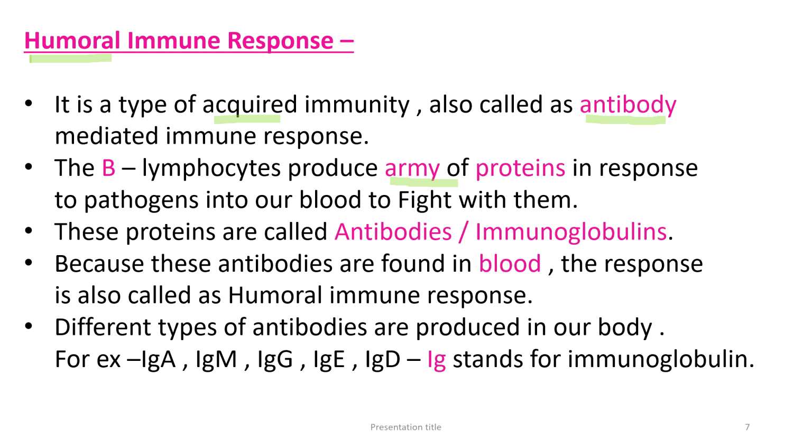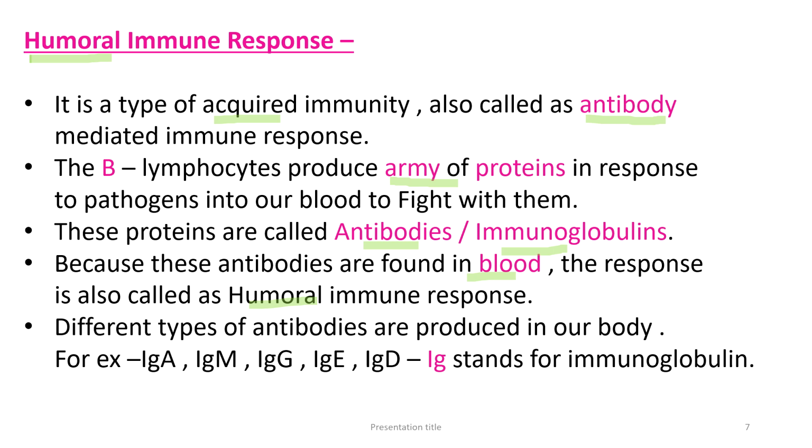So this army of proteins is called antibodies or immunoglobulins. So the B lymphocyte produces antibodies against the pathogen. Because these antibodies are found in blood, the response is also called the humoral immune response, as the word humoral is used for relating to body fluids like blood.